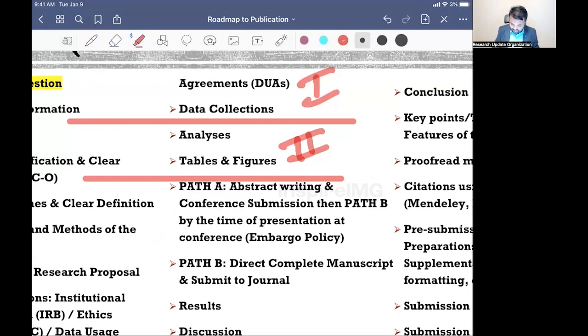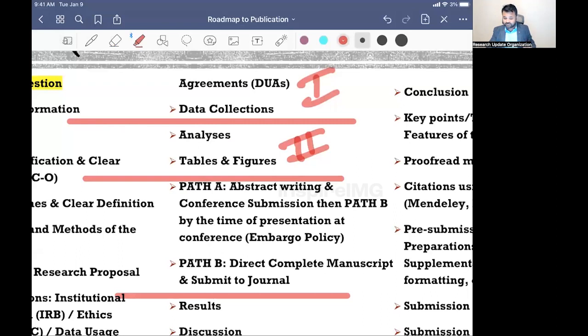But it's not necessary to do that, because the time duration is 6 months from completion of the project to submission and acceptance for path A, the conference. So you can directly write the full-length manuscript and submit it directly as well, if you want.